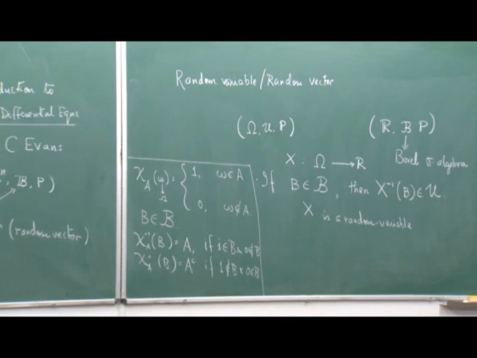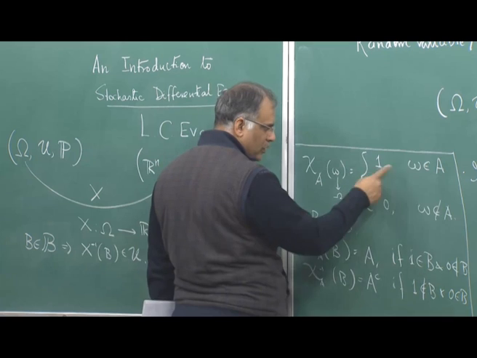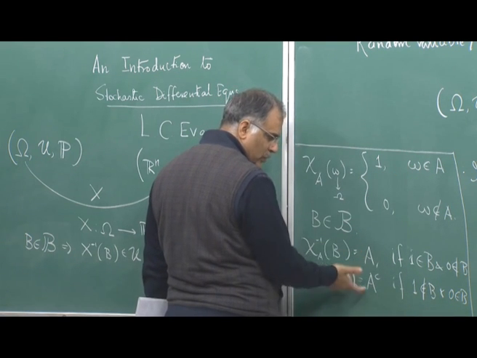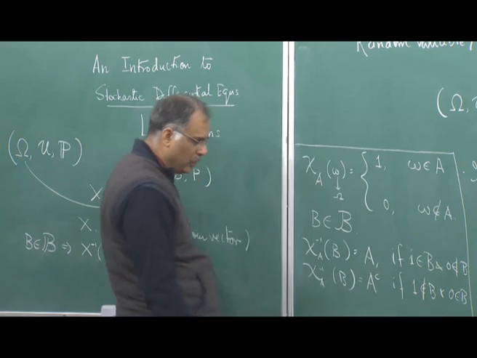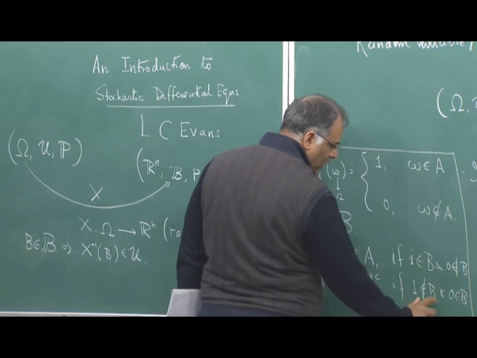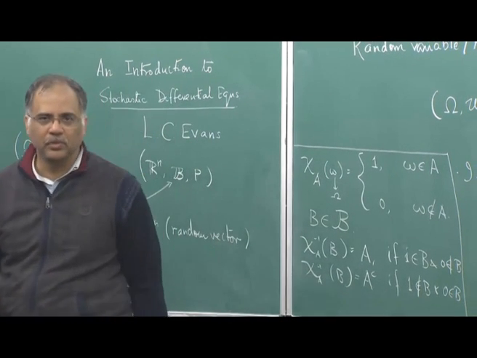So, what would happen? A is of course an event, this is in U, and since U is a sigma algebra, A complement is in U. Similarly, you can talk about what happens if 1 is in B and 0 is also in that set B, then what would happen?